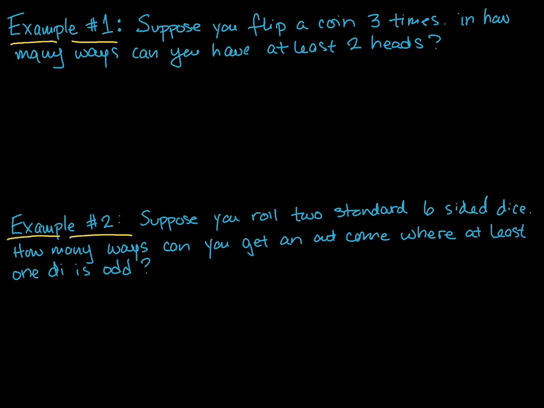So example 1, suppose you flip a coin 3 times. In how many ways can you have at least 2 heads? So I remember my sample space, and if you don't, you could generate it with a tree.